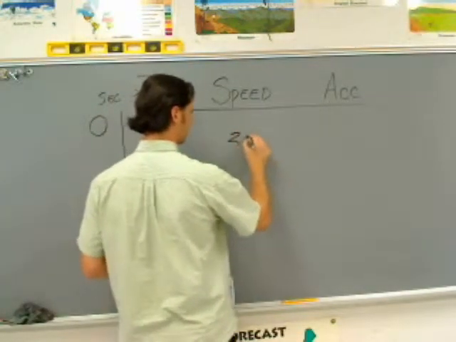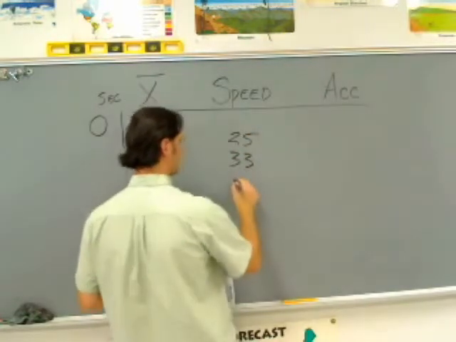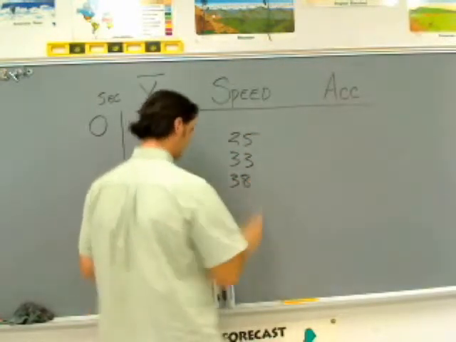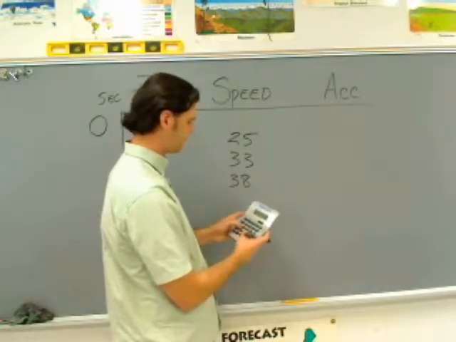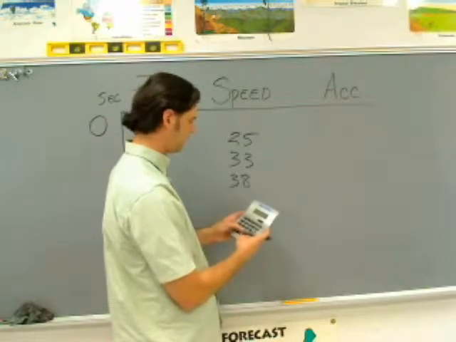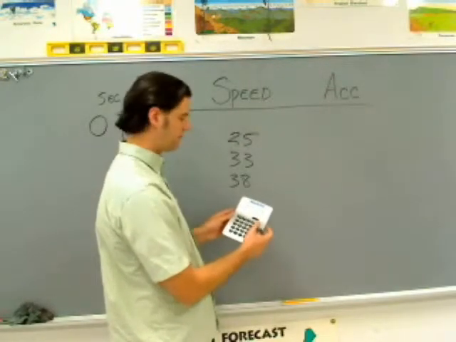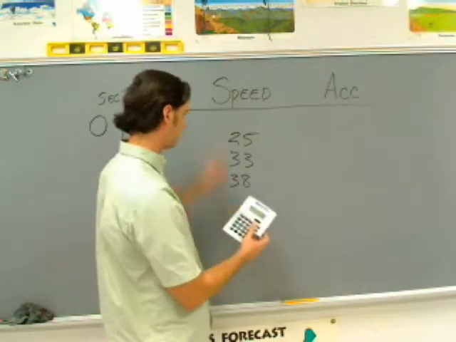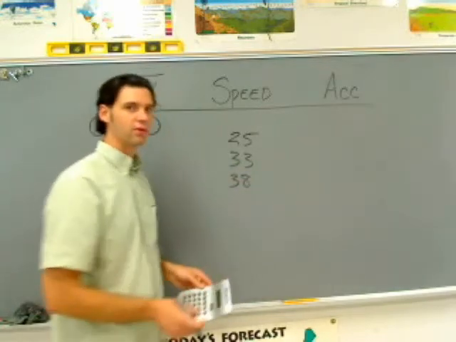For example, let's say we had 25, a 33, and a 38. We add each one of those together, 25, 33, 38. We divide that sum by the number of instances, which is 3, and that will give us our mean. In this case, it would have been 32.